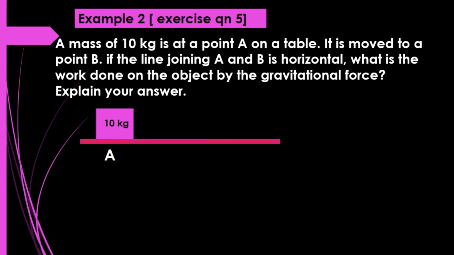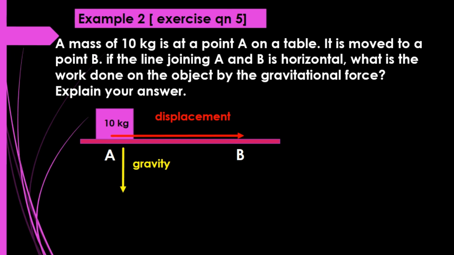It is moved to a point B, and the line joining A and B is horizontal. So displacement of the object is horizontal. What is the work done on the object by the gravitational force? Force is applied by the Earth. The direction of the force is downwards.